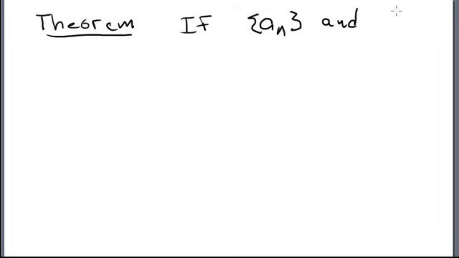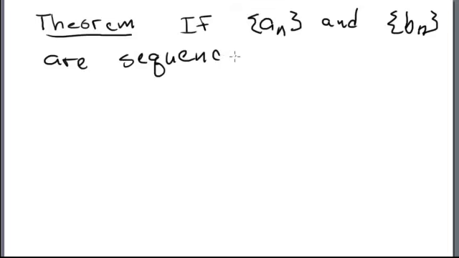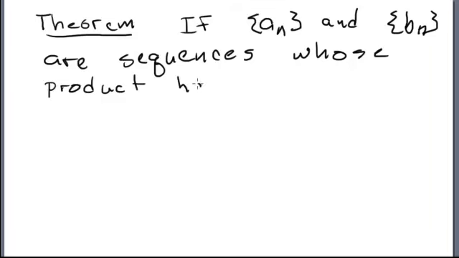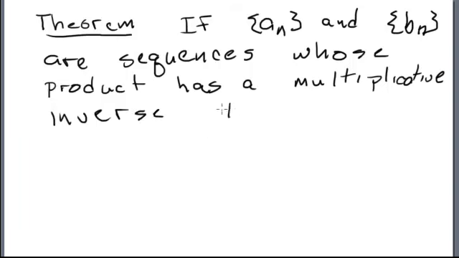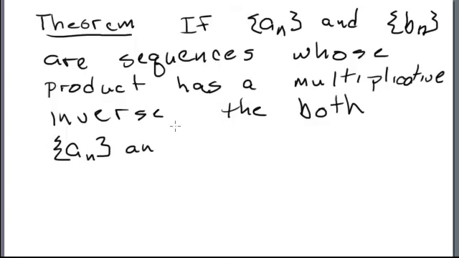I'm going to start off with a theorem, and it's going to state: if a_n and b_n are sequences whose product has a multiplicative inverse, then both the sequences a_n and b_n have multiplicative inverses.